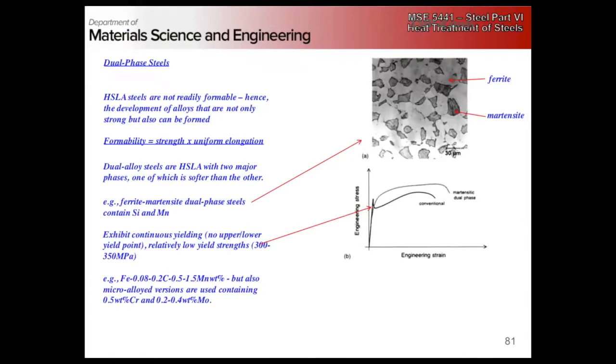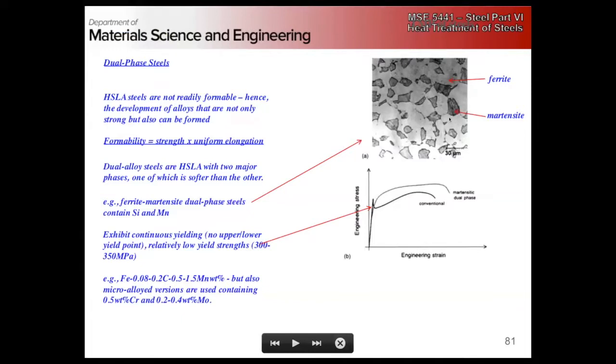So dual phase steels, we're going to talk more about in the advanced high strength steels next. But basically the idea here is we have ferrite and martensite mixed. So we have good strength and strong reinforcing.